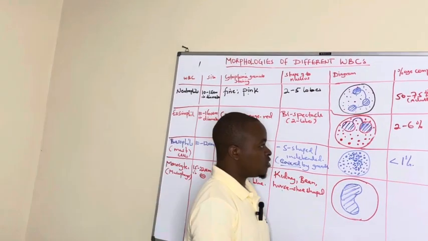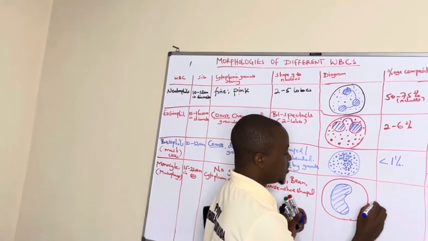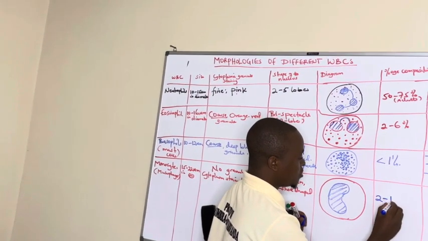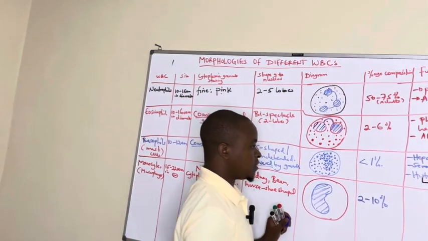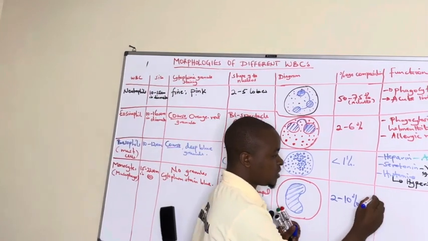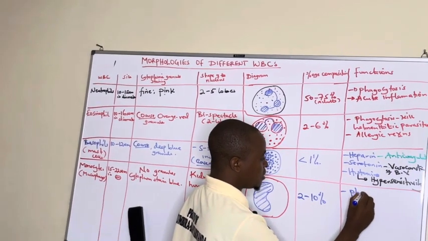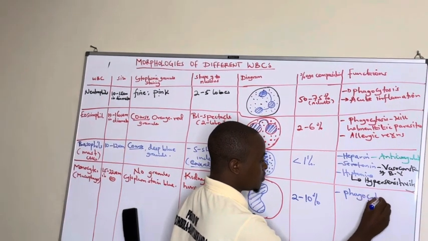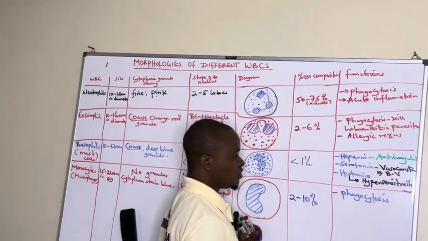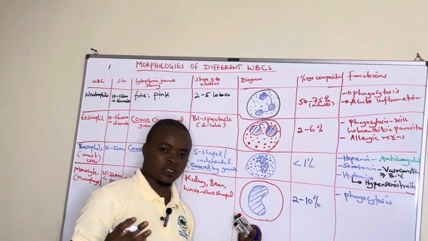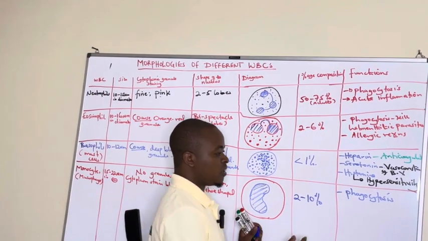In the percentage composition in the blood, it ranges between 2 to 10% in adults. Its major function is phagocytosis. These macrophages in the tissue play a big role in phagocytosis by killing any microorganism.